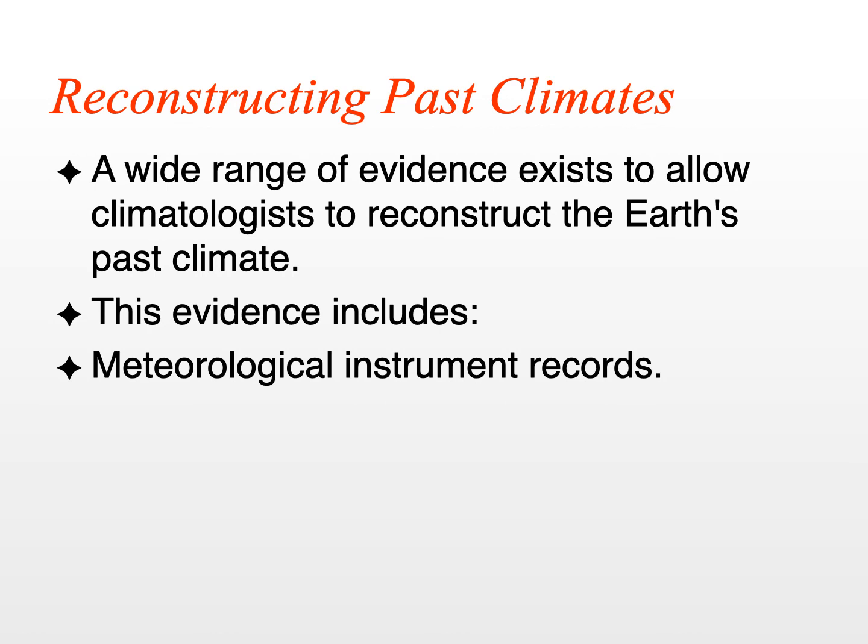While we have records that go back to about 1850, they don't get good coverage of the planet and good methods of recording the data till about 1940, 1950. So instrumental records are important. Before these instrumental records, we use a lot of other types of evidence to reconstruct past climate.